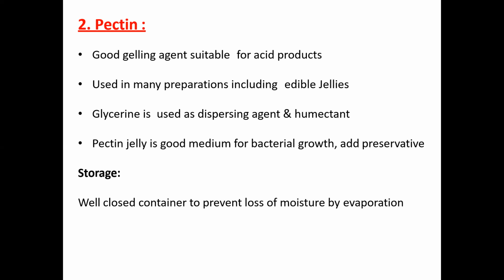These pectin jellies are prone to bacterial growth, so we add a preservative to the pectin jelly. For storage, these pectin jellies will be stored in a well closed container to prevent loss of moisture by evaporation.